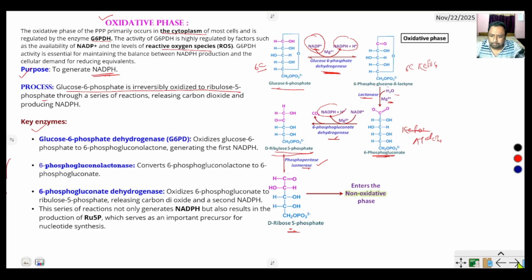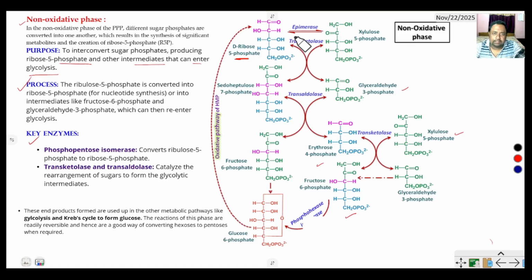Then in the presence of isomerase enzyme, that is a reversible reaction, and epimerase enzyme, produce ribulose 5-phosphate. Ribulose 5-phosphate is a 5-carbon containing ketone sugar, and ribose 5-phosphate is also a 5-carbon containing aldose sugar. This is aldose and this is ketose sugar. Total 10 carbon is produced.